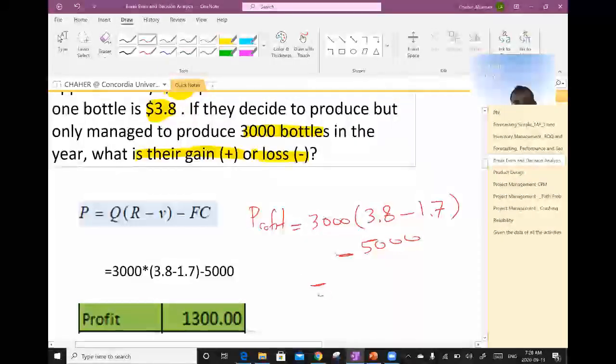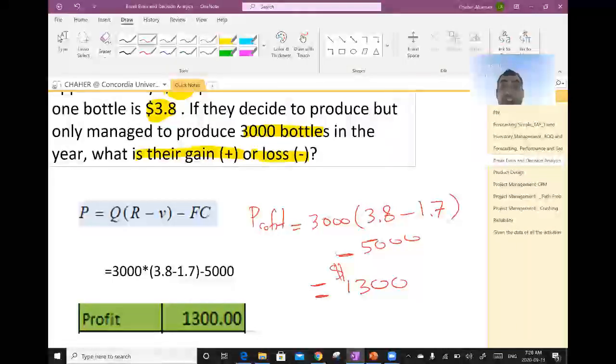And that should give us $1,300. It's a positive number, so it's a gain. If it was a negative number, it would be a loss. Since it's a positive number, then they would gain $1,300 after they cover their expenses and everything, so it is a profit.